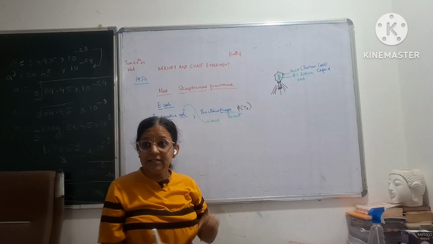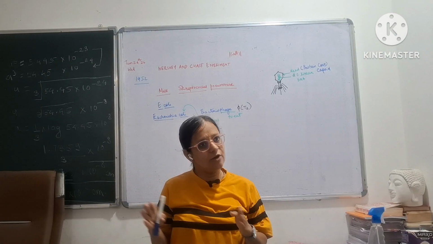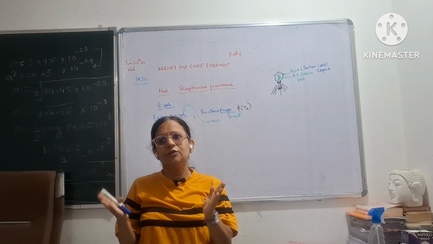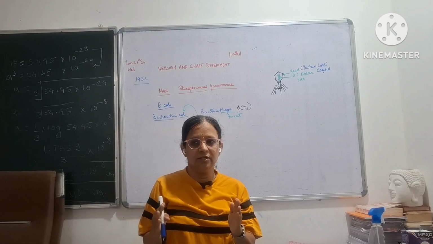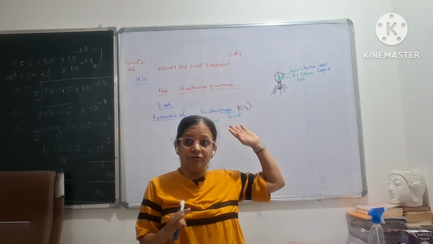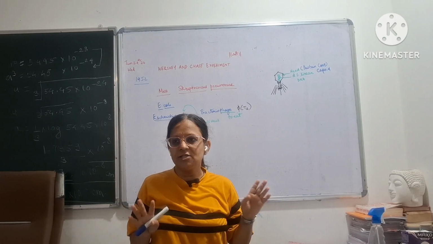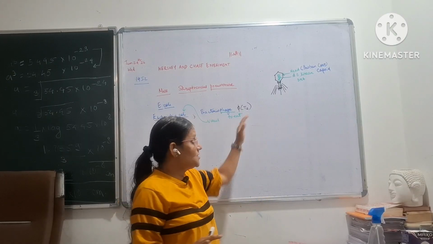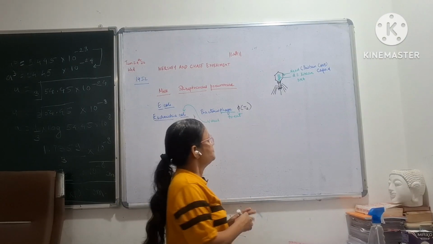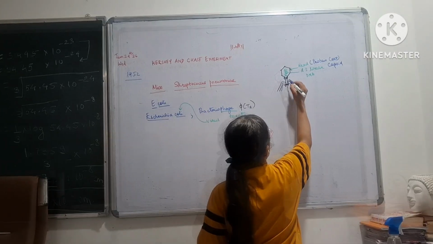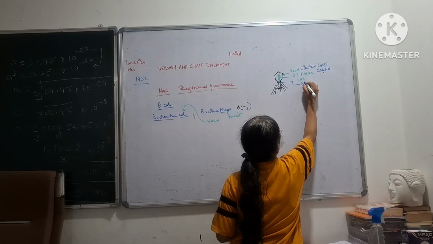Now understand, here I am saying protein coat because now we know that the covering of the virus is made up of protein. But actually at that time, back then, we did not know that the head of the virus is made up of protein, right? In this experiment, we are going to see that. Now this is the middle piece, the middle portion. It's called the middle piece.